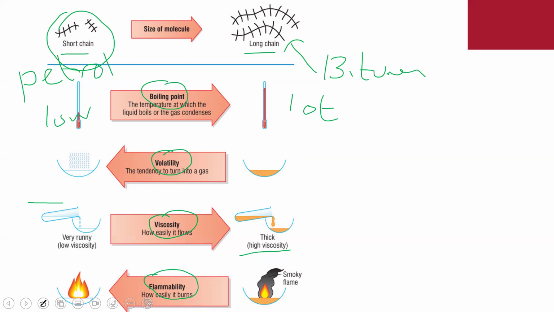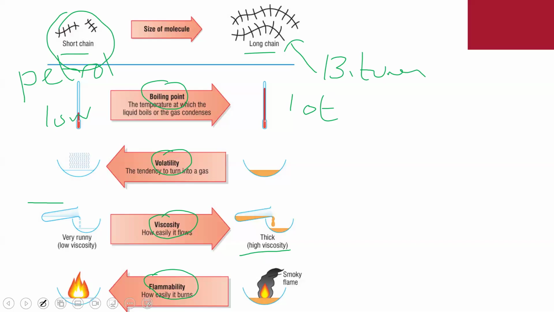Flammability. Petrol is highly flammable because it has few intermolecular bonds. Bitumen is not very flammable, right? Because it has a lot of intermolecular bonds. Okay, right. So again, I can't predict questions, but they're going to talk about different fractions.